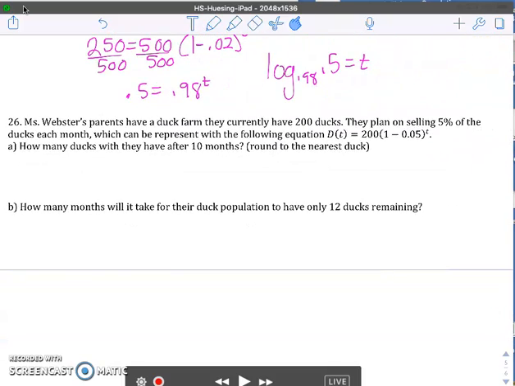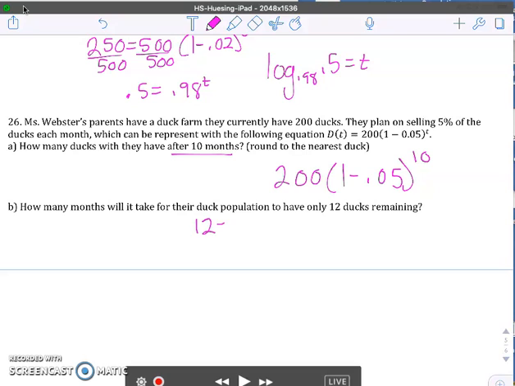So Miss Webster's parents have a duck farm and they currently have 200 ducks. They plan on selling 5% of the ducks each month, which is represented by that equation. How many ducks will they have after 10 months? So 200 times 1 minus 0.05 to the power of 10. How many months will it take for there to only be 12 ducks?